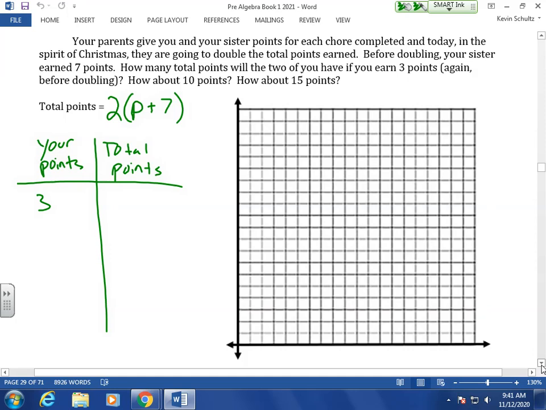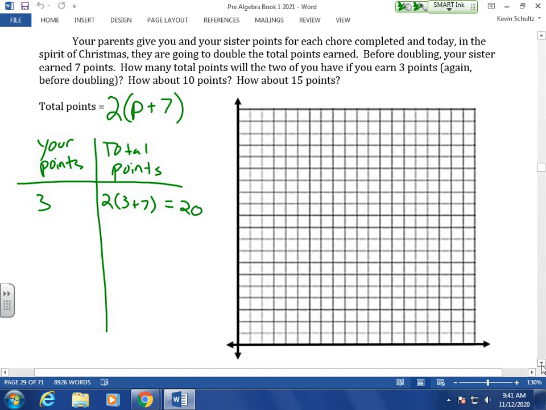If you earn 3 points, how many total points will there be in all? 10, but then you have to double it. 20. So 20, right? The expression that you would use here, 2 times 3 plus 7, which is your points being 3, or 2 times 10, 20 points in all.